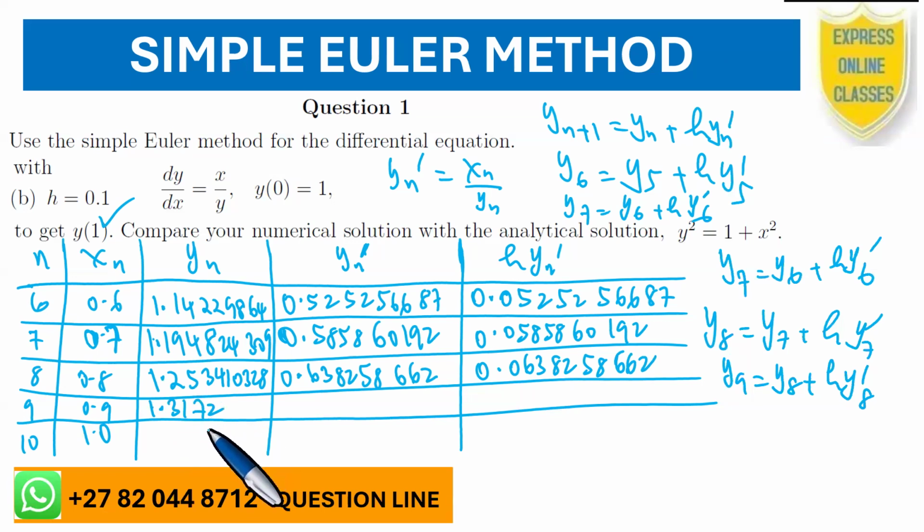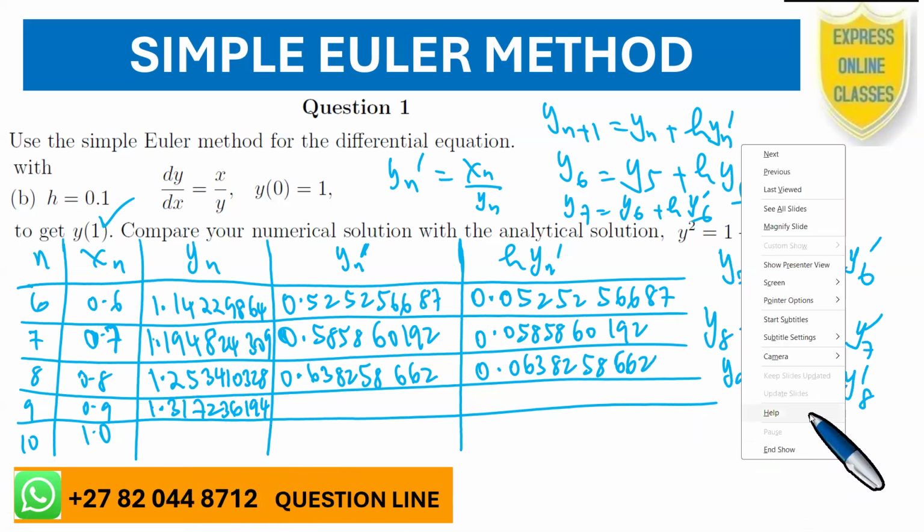1.3172 36194. Then you're going to divide them. y9 primed is x9 divided by y9 according to the differential equation.